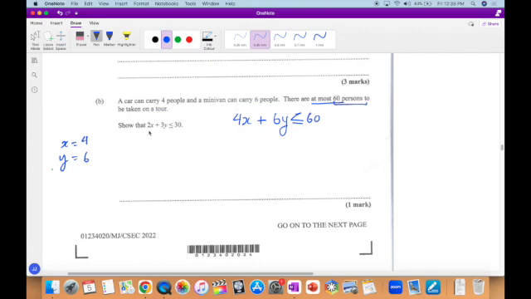To show that, we just take this entire inequality and divide by 2. That implies 2x plus 3y is less than or equal to 30. This gives us an inequality for the number of people we can carry.